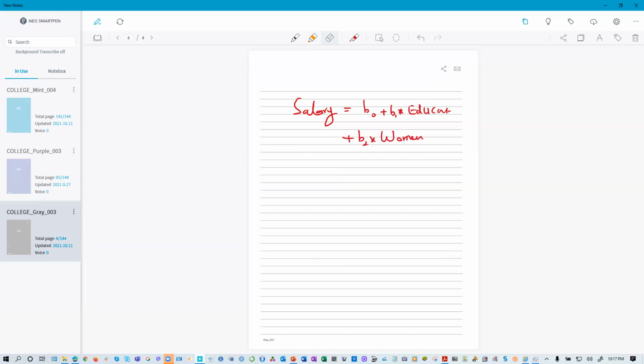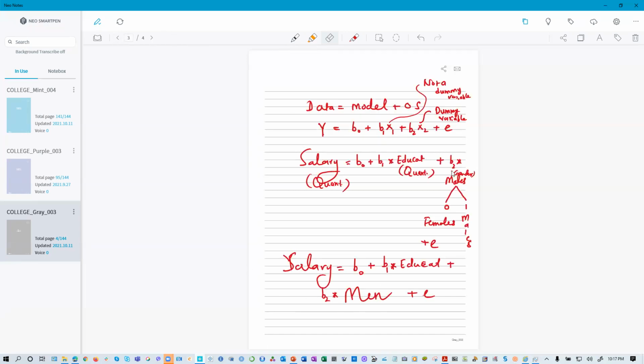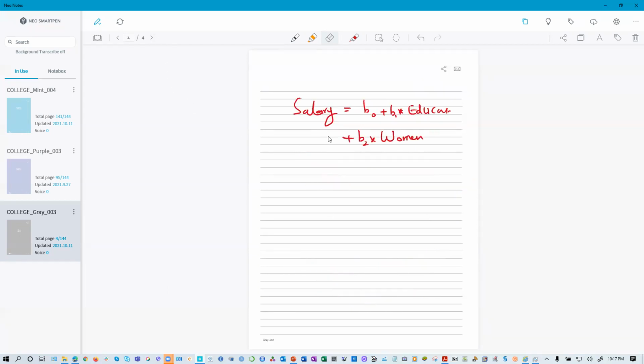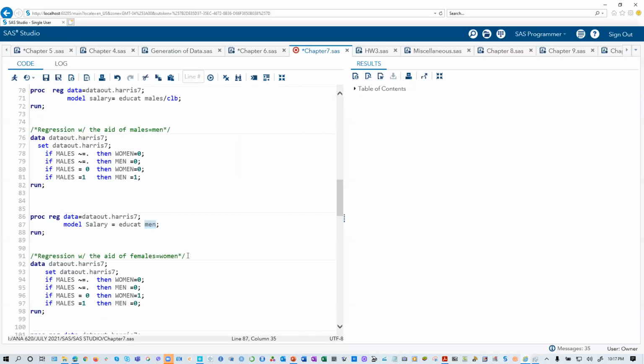With the aid of women, I can write that one too. I can write this in 3 ways: B0, B1 educate, B2 gender, or salary, B1, B2 educate men, or the third way. But you have to set it up. If you want to run it that way, you have to set it up.